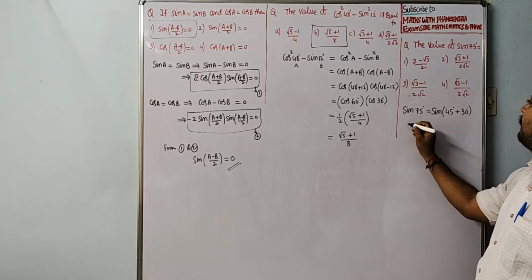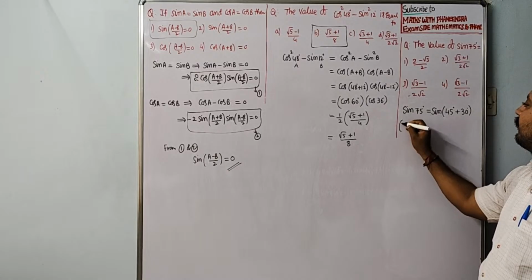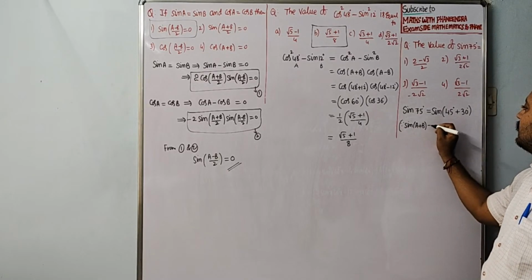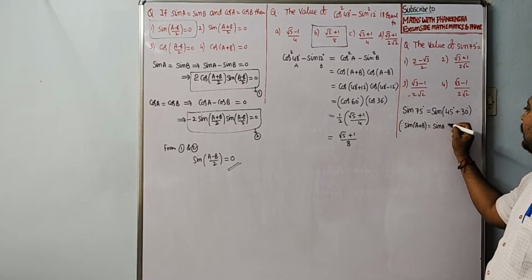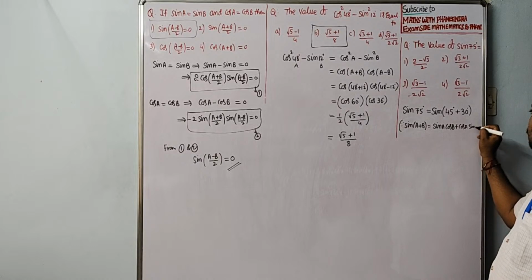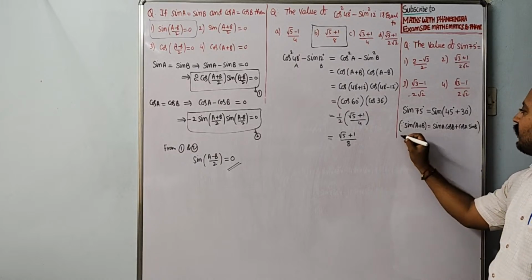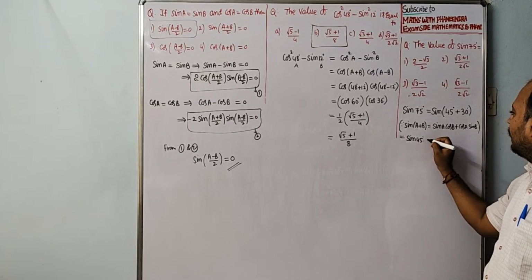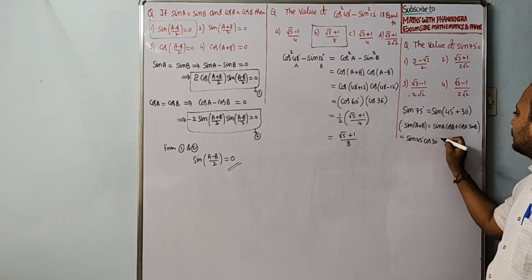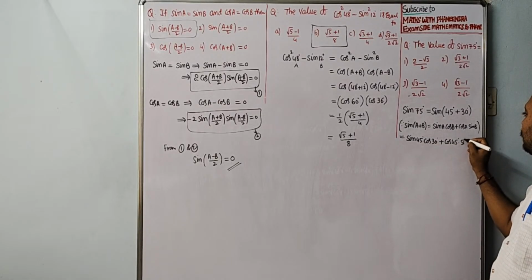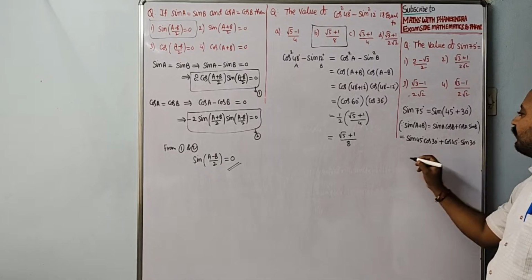So sine of a plus b formula: sine a cos b plus cos a sine b. So by using this formula, sine 45 degrees into cos 30 degrees plus cos 45 degrees into sine 30 degrees.